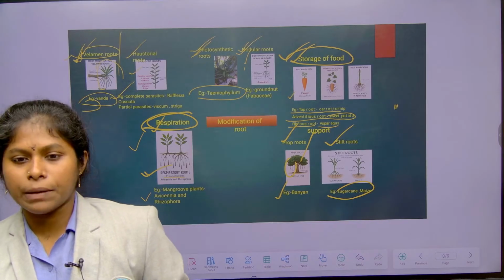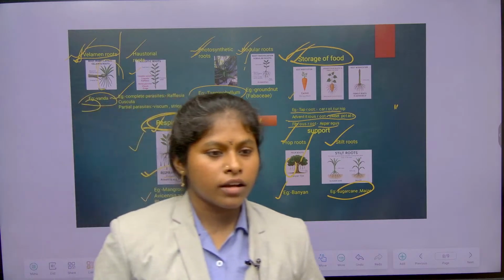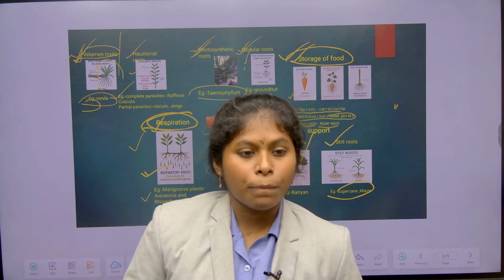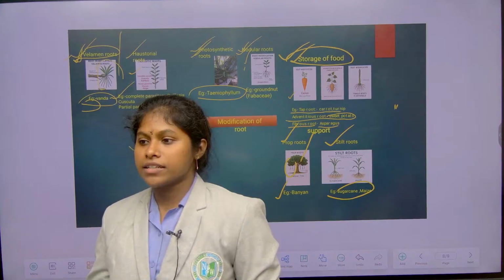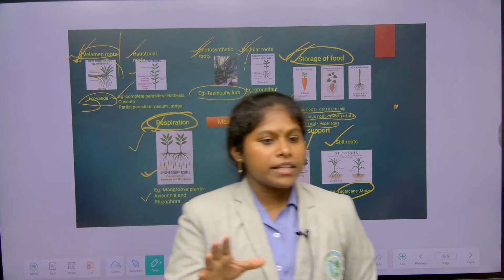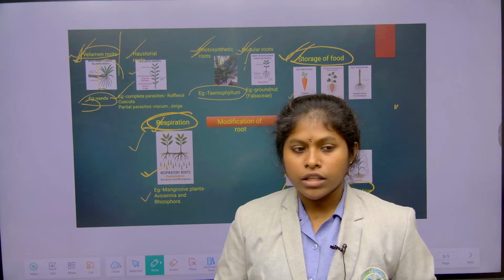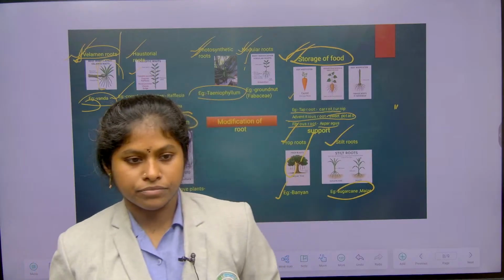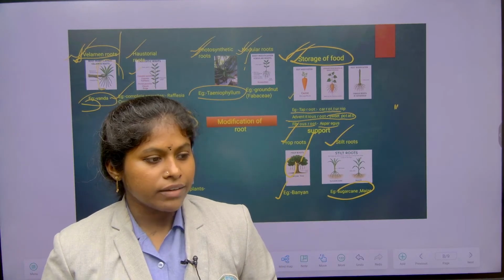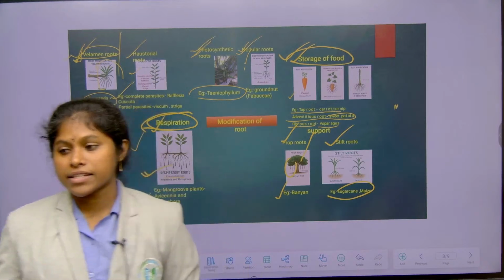Completely depending on other plants. Partial means they are not completely depending on other plants. So partial parasite, partial haustorial roots. Some plants depend on other plants only for water. They only penetrate into the xylem for the water. They will take only water. Those are called partial parasitic roots.